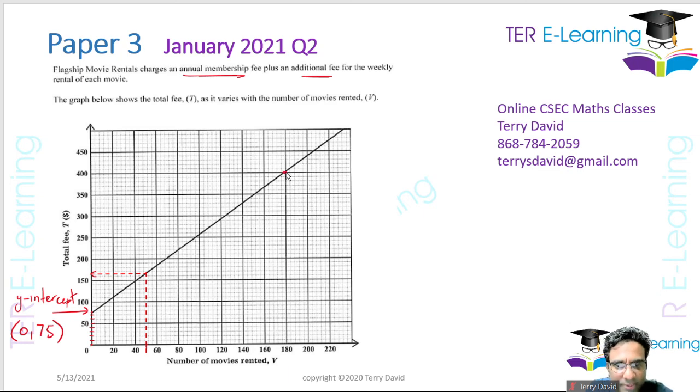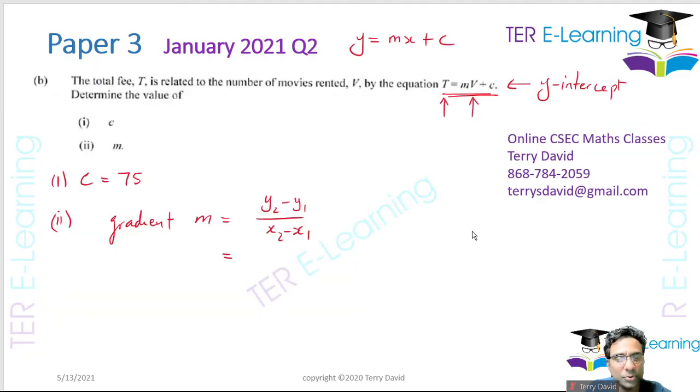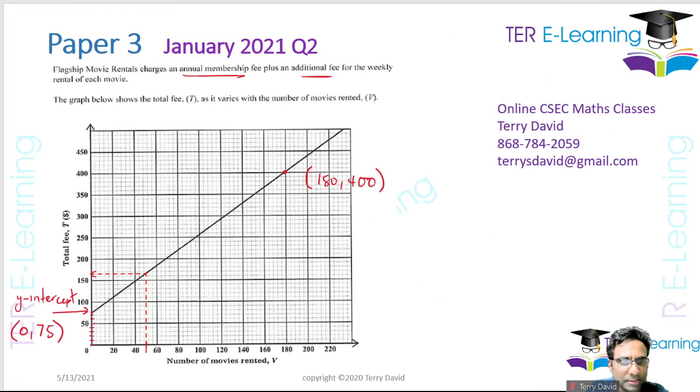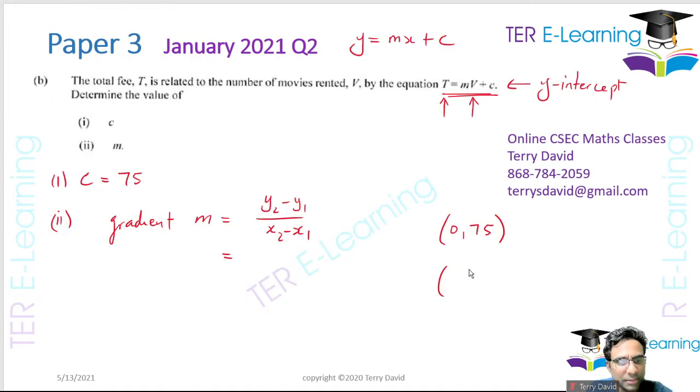Let's say we go with this point here. That value here is going to be (180, 400). So those are the 2 points that I'm going to use to work out my gradient. So I'm going to use (0, 75), and the second point that I'm using here is (180, 400).